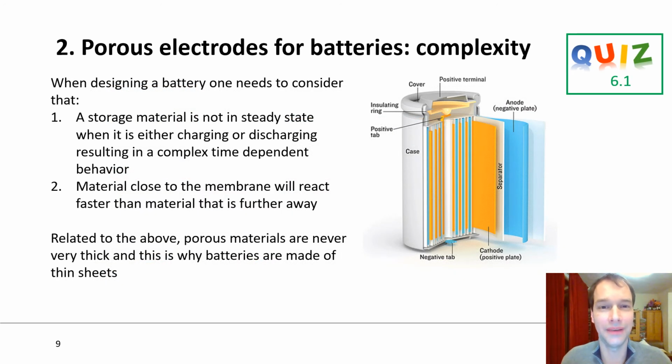There's quite some complexity in these porous electrode materials that are used in batteries. You should keep two important things in mind. A battery is either charging or discharging, or standing still. But in this charging and discharging process, we are basically never in a steady state, because materials are going from their oxidized to their reduced state, or vice versa.